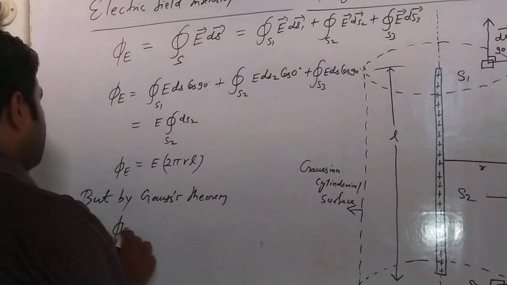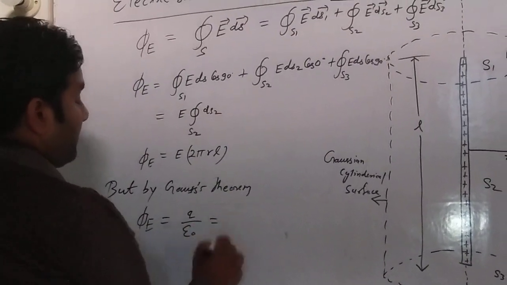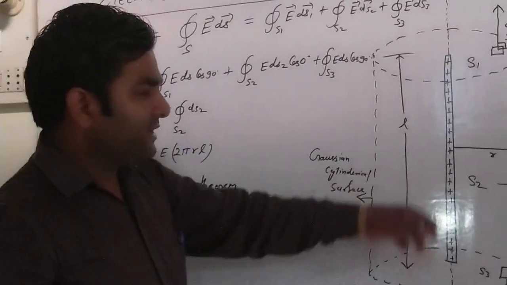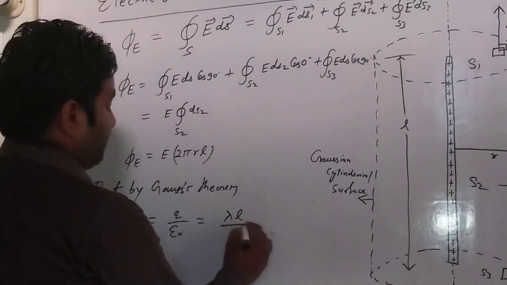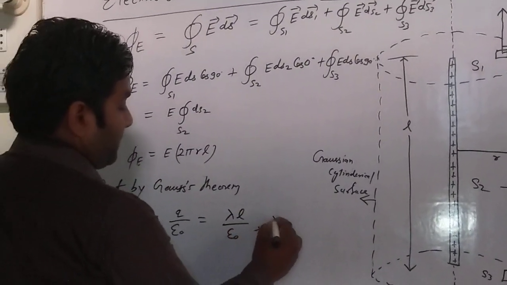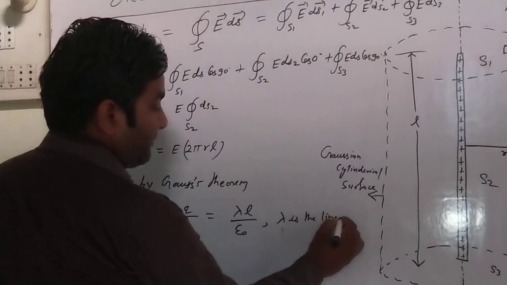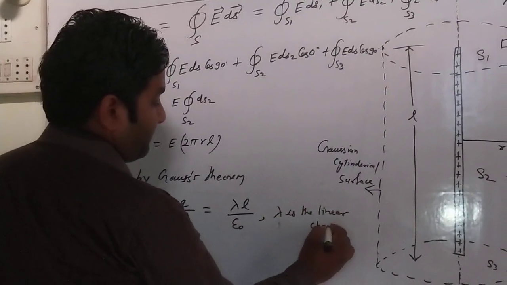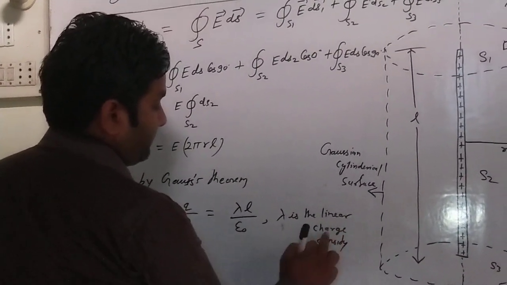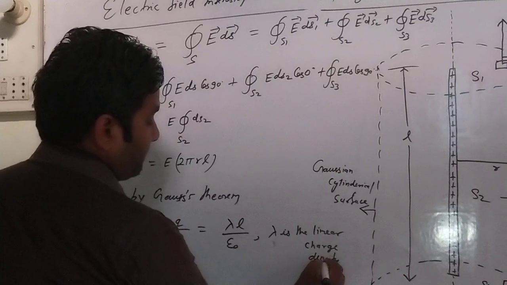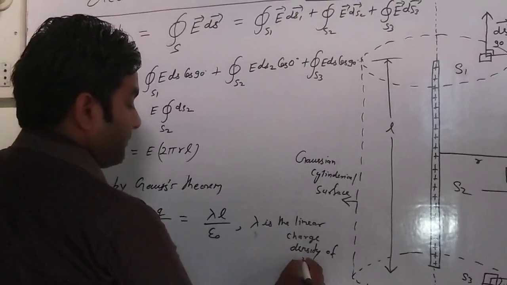phi E is equal to Q upon epsilon naught, and here lambda is the charge density, so Q is lambda into L, where lambda is the linear charge density of the wire.